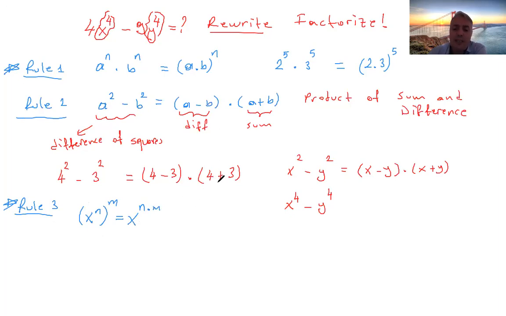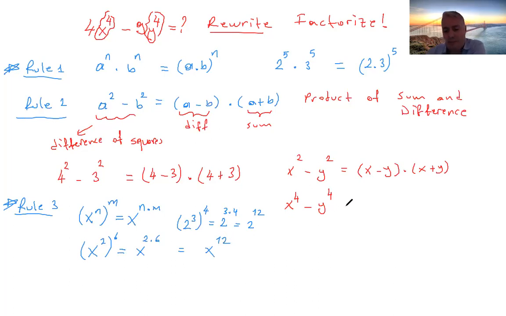What does it mean? It means this: 2 to the power of 3 to the power of 4 is equal to 2 to the power of 3 times 4, which is 2 to the power of 12. Now, for example, x to the power of 2 to the power of 6 is equal to x to the power of 2 times 6, which is x to the power of 12.